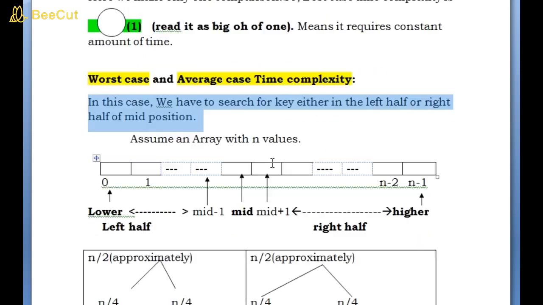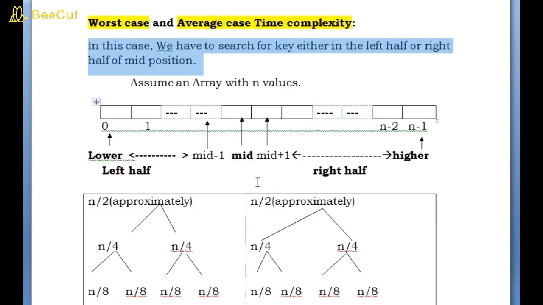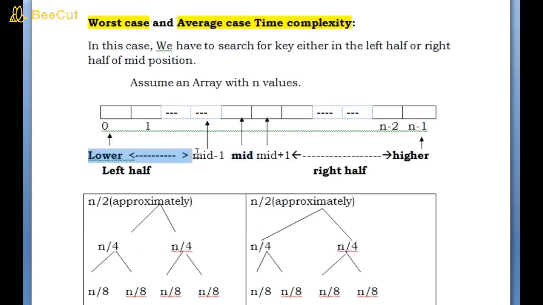See here the pictorial representation. First we have to calculate the mid based on lower index and higher index. Then you have to identify the left half portion, which is from lower index to mid minus 1. From mid plus 1 to higher index is the right side portion.